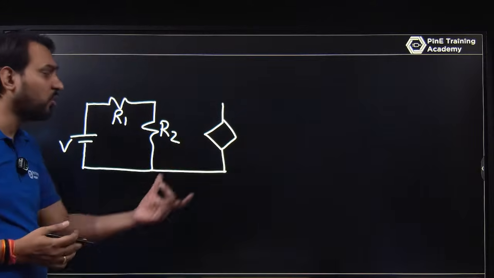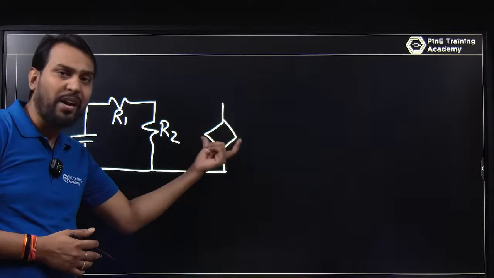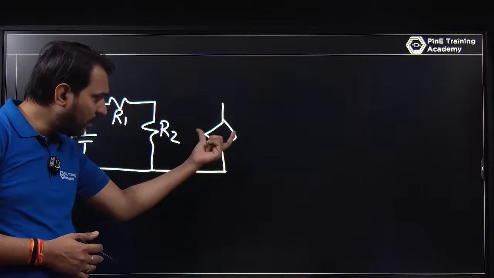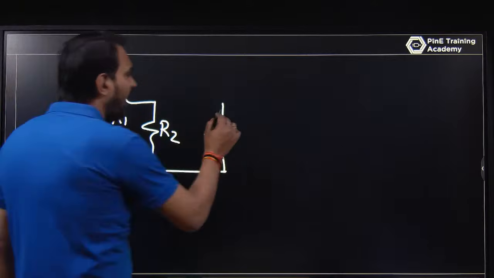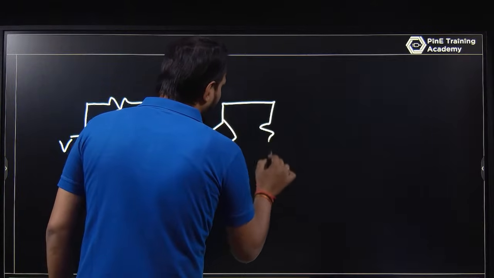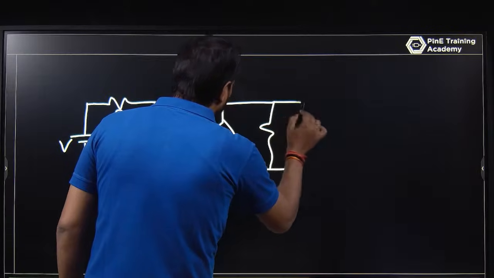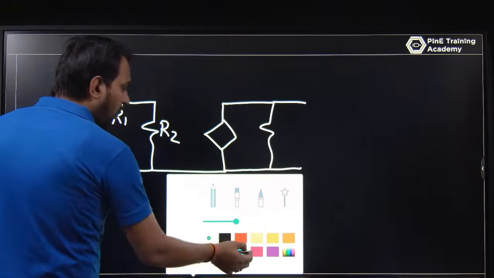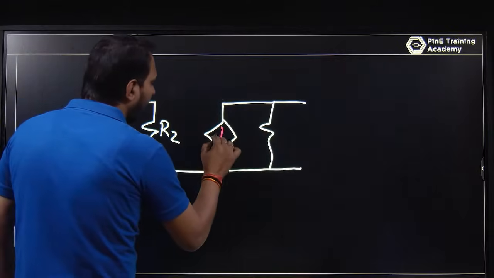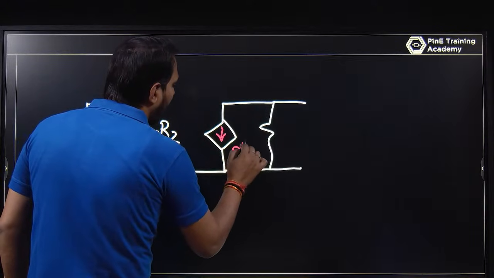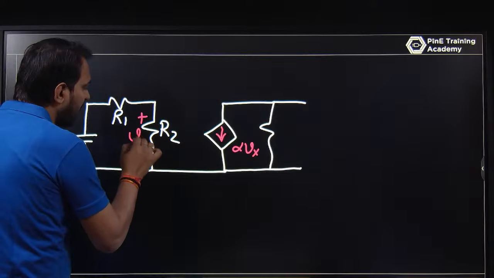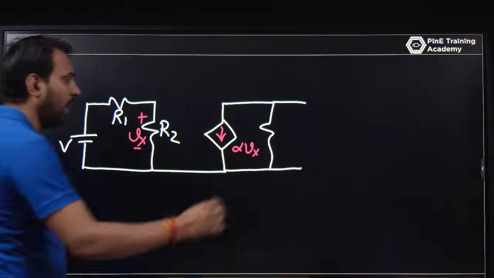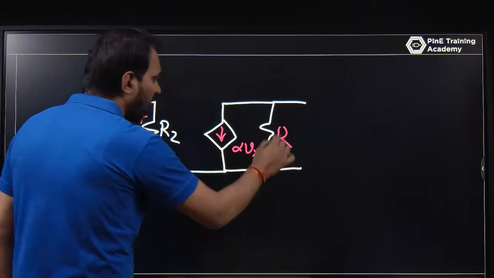Of course, a dependent source is always represented as a diamond. I am drawing it in this way, and this is alpha Vx, where Vx is the voltage present at this point, and let this be R.